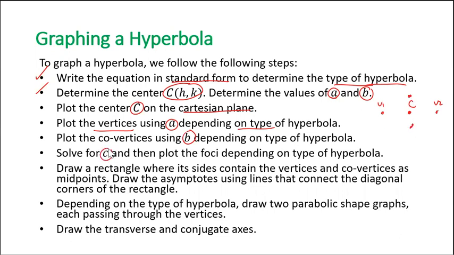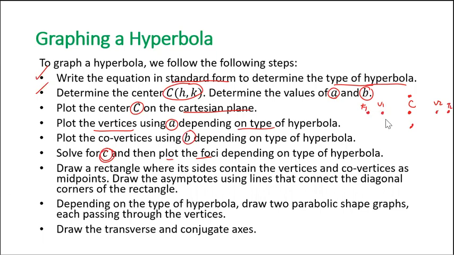Then we solve for small c and plot the foci. For the foci, we move small c units from the center to the left and small c units to the right. So these are the two fixed points, or the foci.